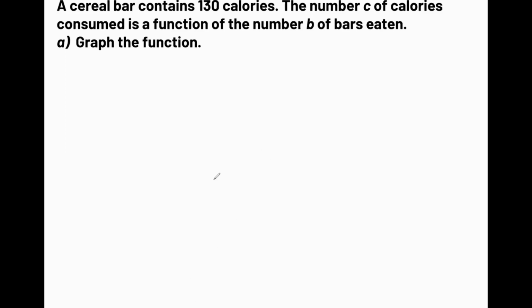For part A, we're going to graph the function. However, let's first find what our function is. We know that the number C of calories consumed is a function of the number B of bars eaten, so that just means that the number of calories consumed, C, will equal 130 times the number of bars eaten, which is B, where C is our dependent variable and B is our independent variable.